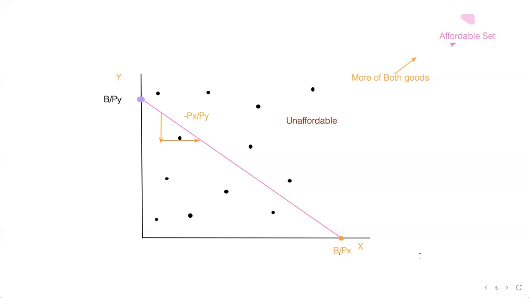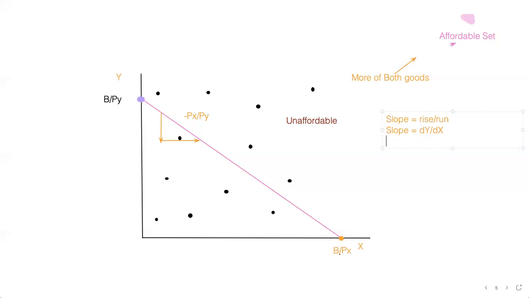So a little bit of meditation on slope: slope is rise over run. We can write slope as the change in y, delta y, over the change in x, delta x.